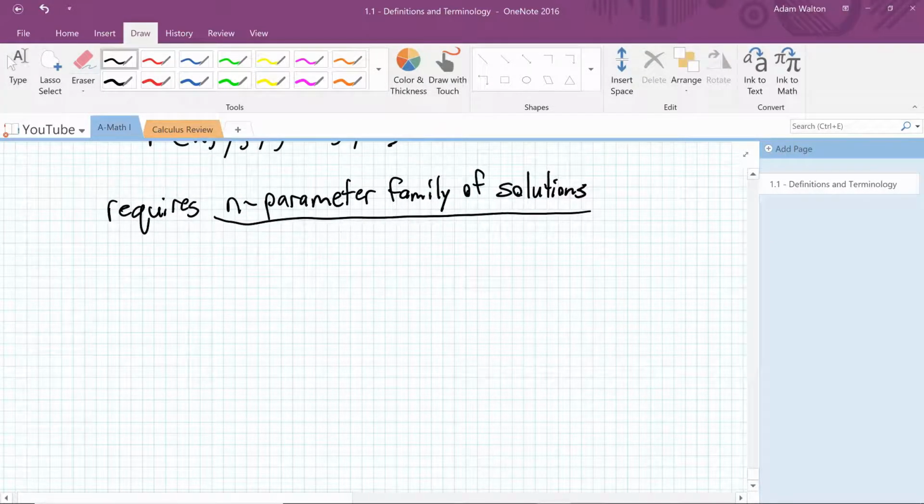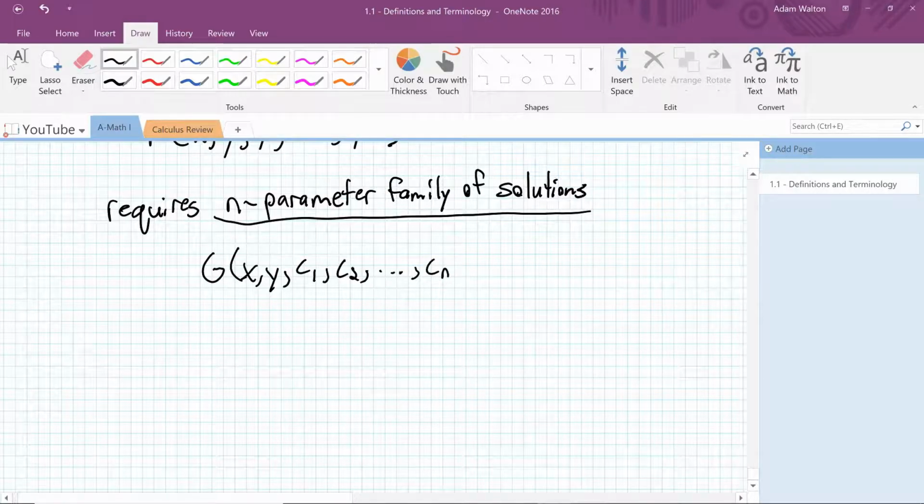And this is going to be of the form g of x, y, c1, c2, all the way to cn, corresponding with the total number. So if this is a 4th order differential equation, then we are going to have these 4 parameters, c1, c2, c3, up to c4.